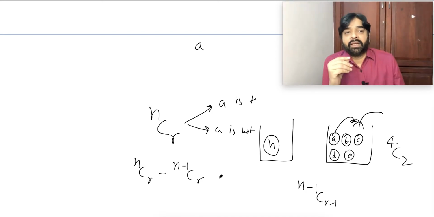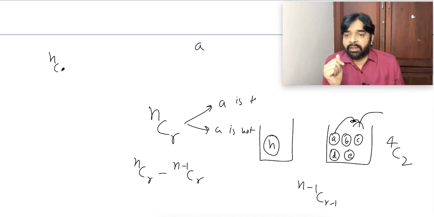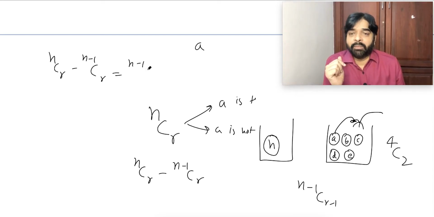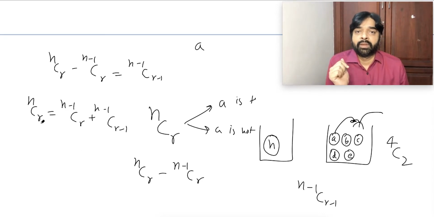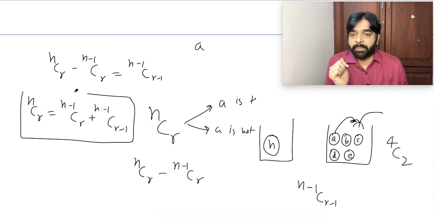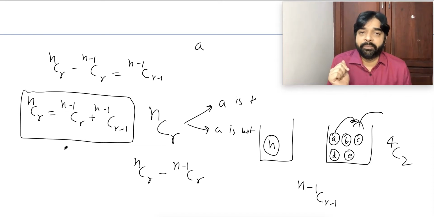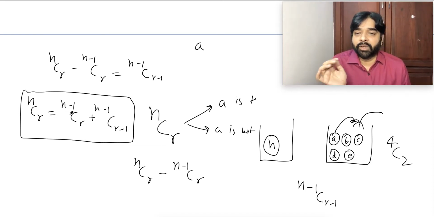I will say nCr minus n minus 1 C r must be equal to n minus 1 C r minus 1. If you notice, we proved one logic. I told you this property of nCr: nCr equals n minus 1 C r plus n minus 1 C r minus 1.